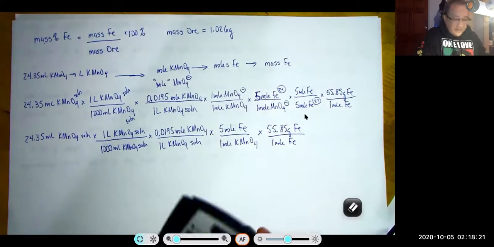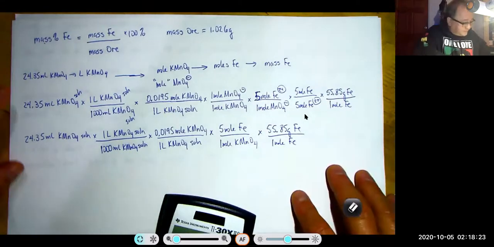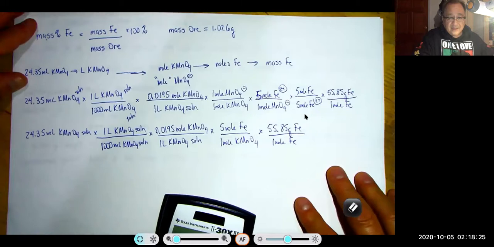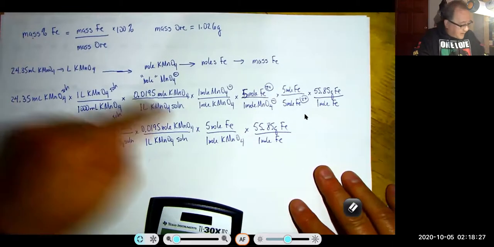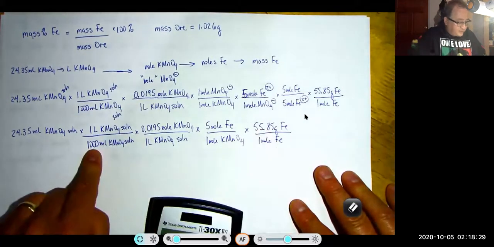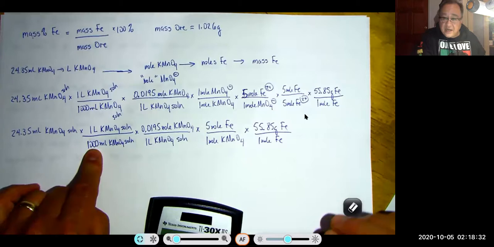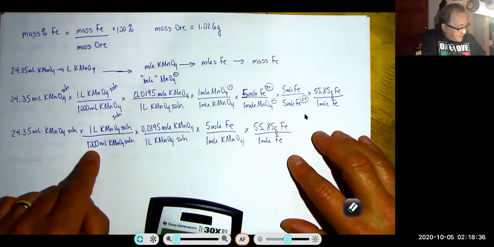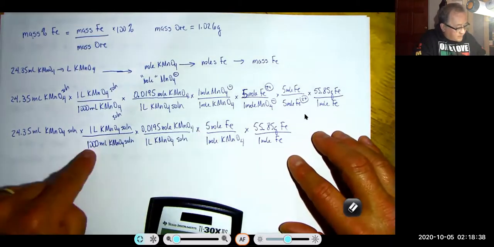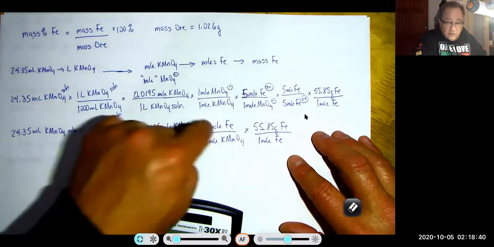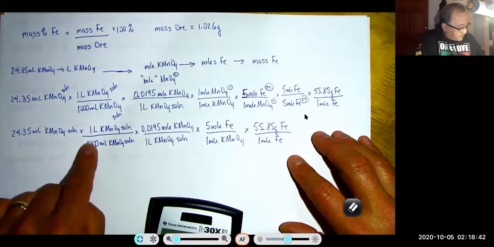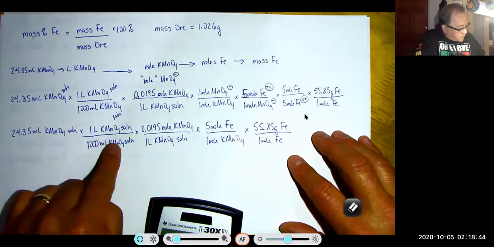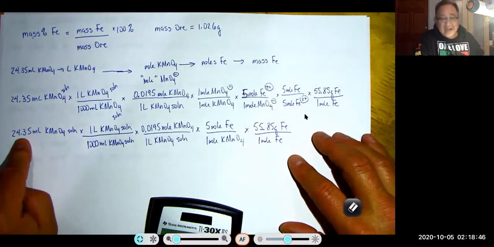So again, I'm going to estimate because that's what we do. And let's see here. 55 will go into 1,000 20 times, right? So we have 5 over 20, which is the same as 1 over 4. So we have 4 here. 4 will go into 24 6 times.